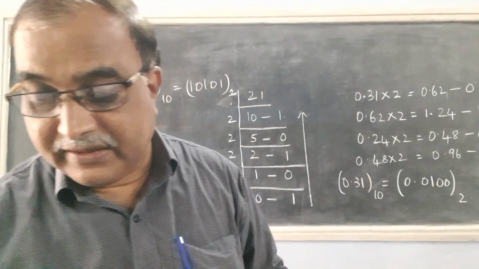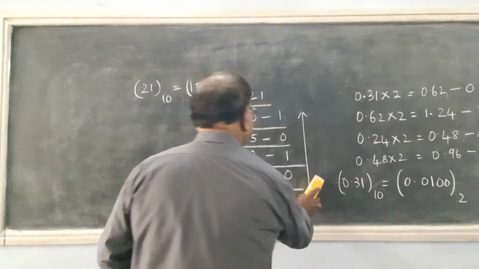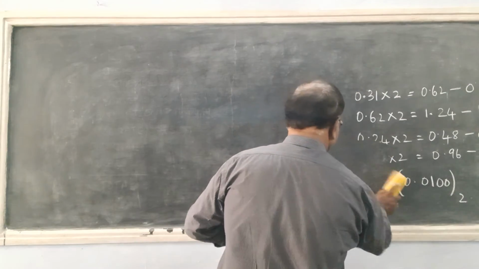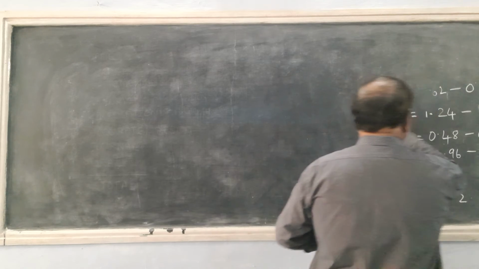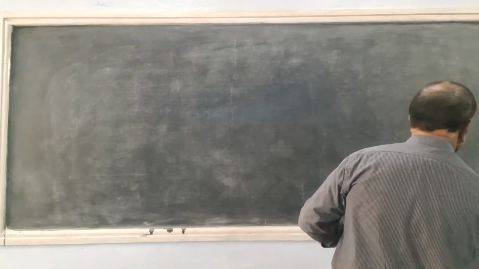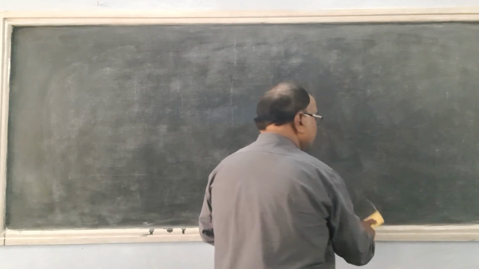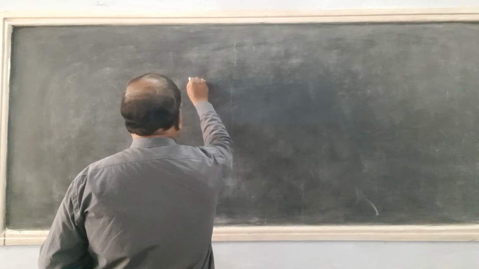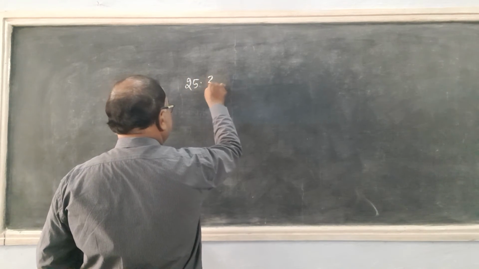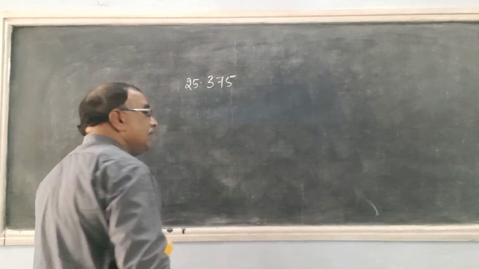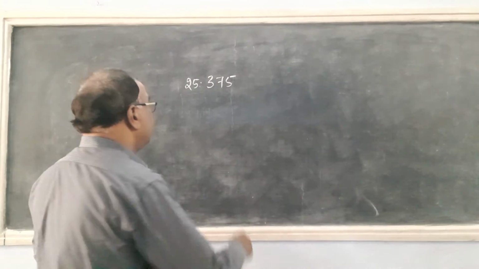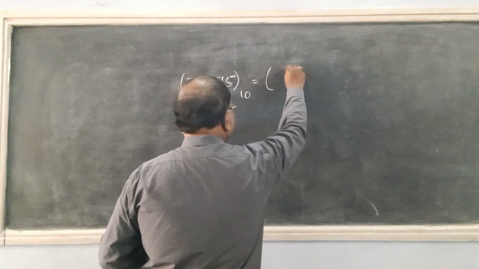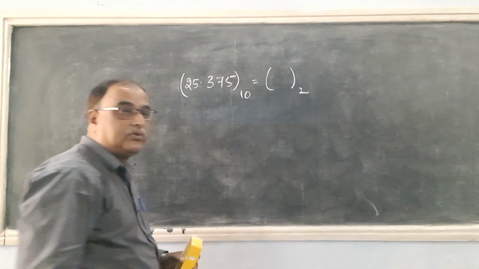Now let me consider one more example, say 25.375. You have to convert this number into a binary number. This is a decimal number. You have to convert it into a binary number. So now how will you do that?